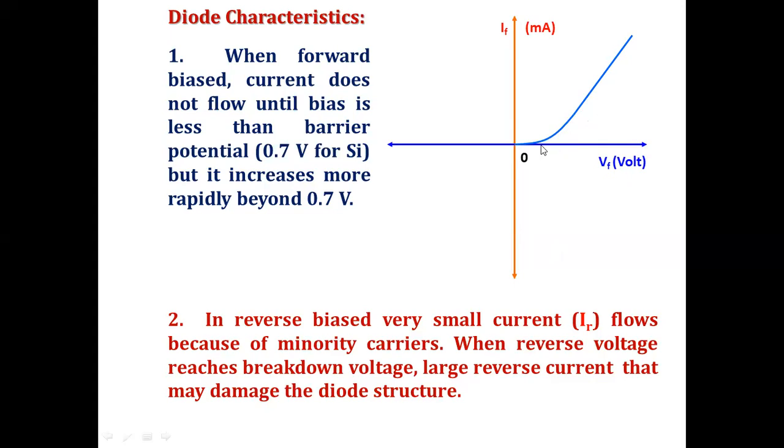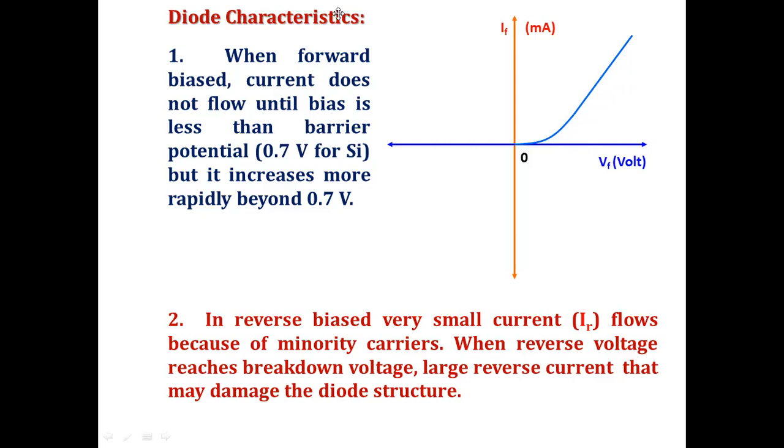But after the breaking of the depletion layer it will increase here. Now after conduction, as the voltage increases, current will also increase up to the breakdown voltage, for the positive supply.